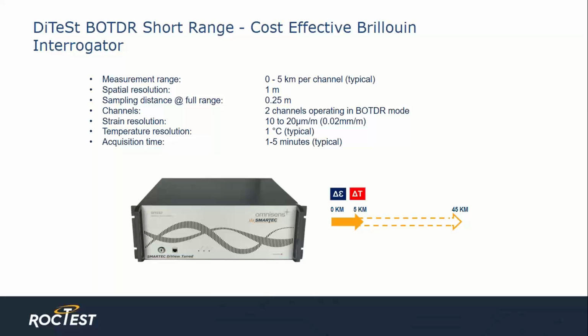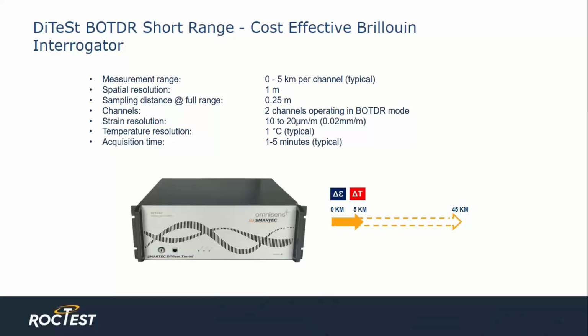The DiTeSt short range that you can see in this slide is the new entry-level interrogator sized to meet the increasing demand for distributed sensing. The DiTeSt short range shows cost and performance optimized for maximum length of the sensing cable up to 5 kilometers per channel.